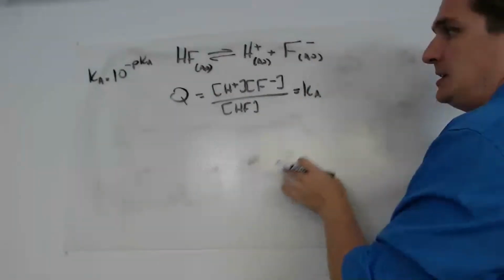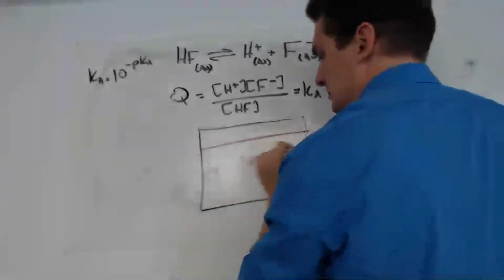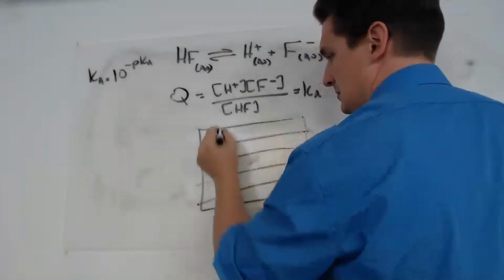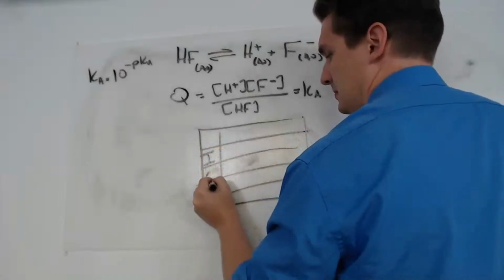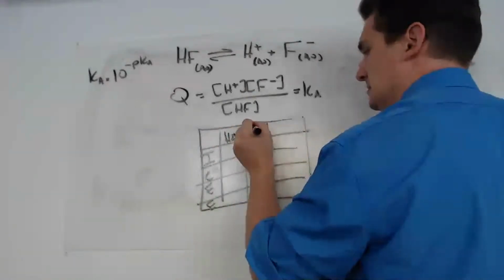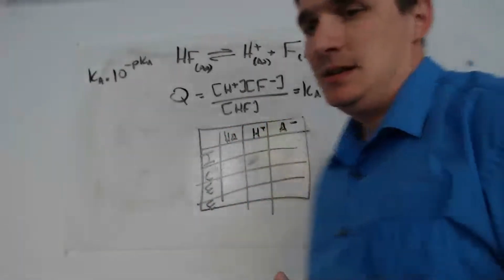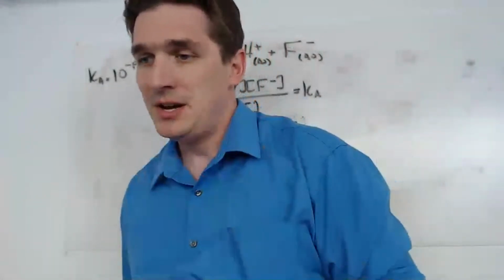Now, the other thing we need to solve any equilibrium problem is our IC table. So we've got HA, H plus, and A minus. Now, the initial concentrations are given to you.